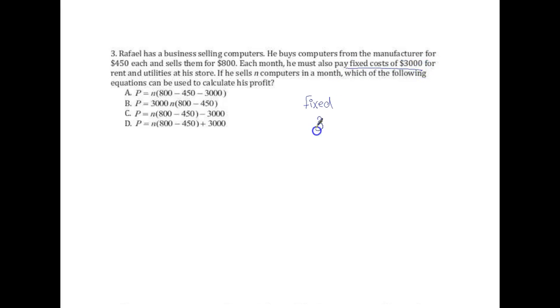So, whether he sells computers or not, he has to lose $3,000 worth of rent and utilities. Okay? So he's losing that much money out of his profit. In math, we represent losing using the negative sign. Okay? That means I'm losing this money or losing this value.